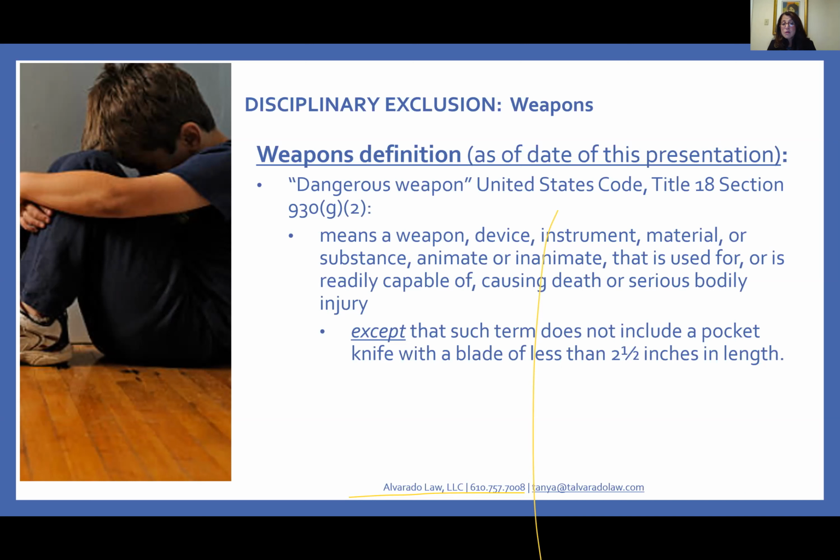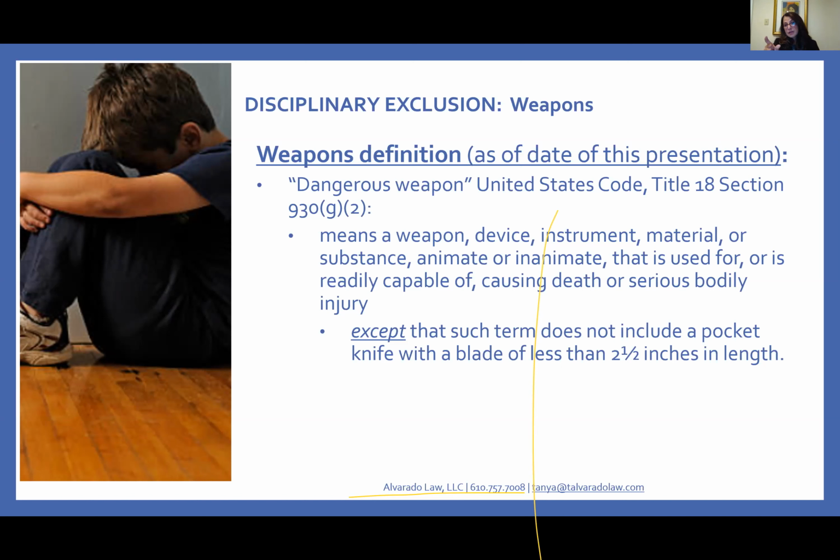We're talking about materials or substances that are readily capable of causing death or serious bodily injury. So the standards are very high. Knife blades. If your child brings a switch knife, those little pocket knives, sometimes they're in Boy Scouts and it's in their pocket or their jacket or their backpack, and they forget to take it out before they go to school.